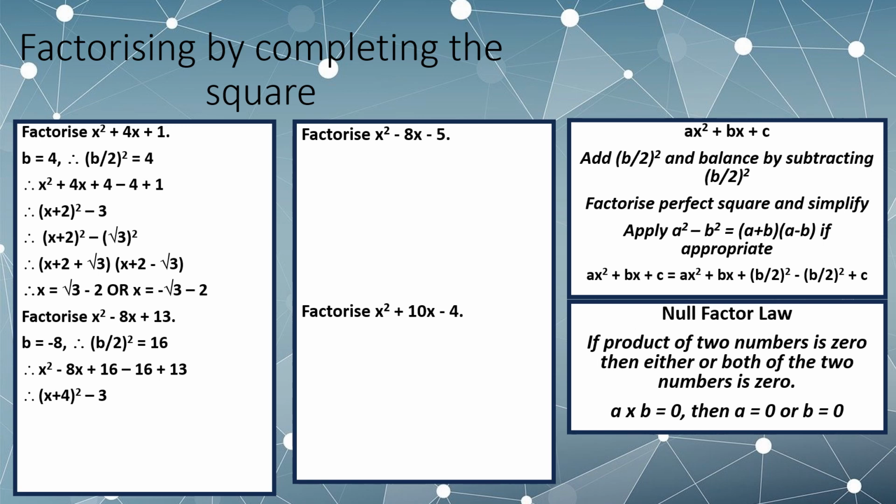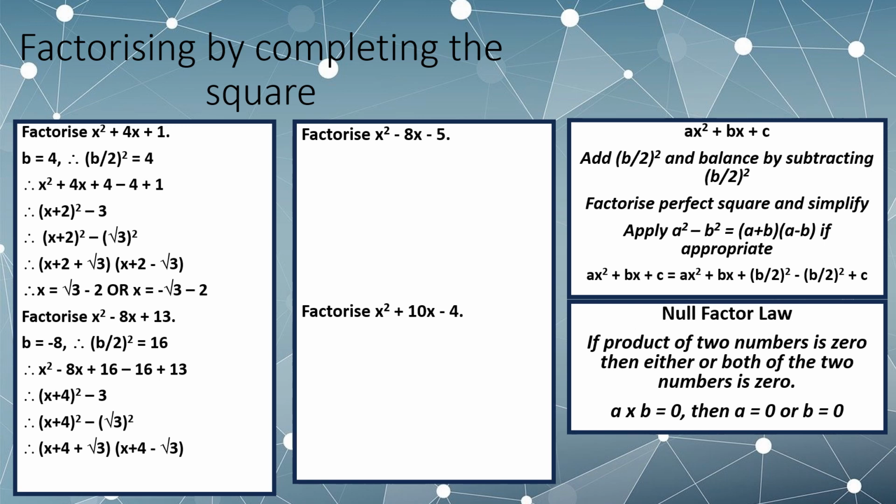Then our next stage, we'll have (x minus 4) squared, subtract the square root of 3 squared, which then using the simplify rule of a squared subtract b squared is equal to a plus b multiplied by a subtract b, we get (x minus 4 plus the square root of 3) multiplied by (x minus 4 subtract the square root of 3).